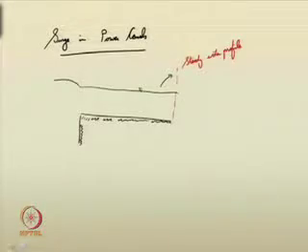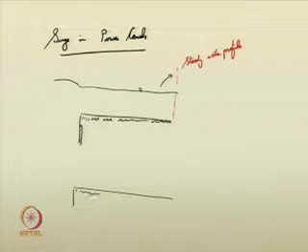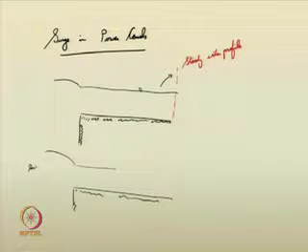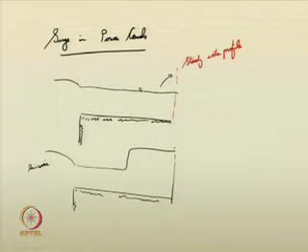So, what happens is, if I draw the same channel, this is the reservoir, and in this section a positive surge will be formed.